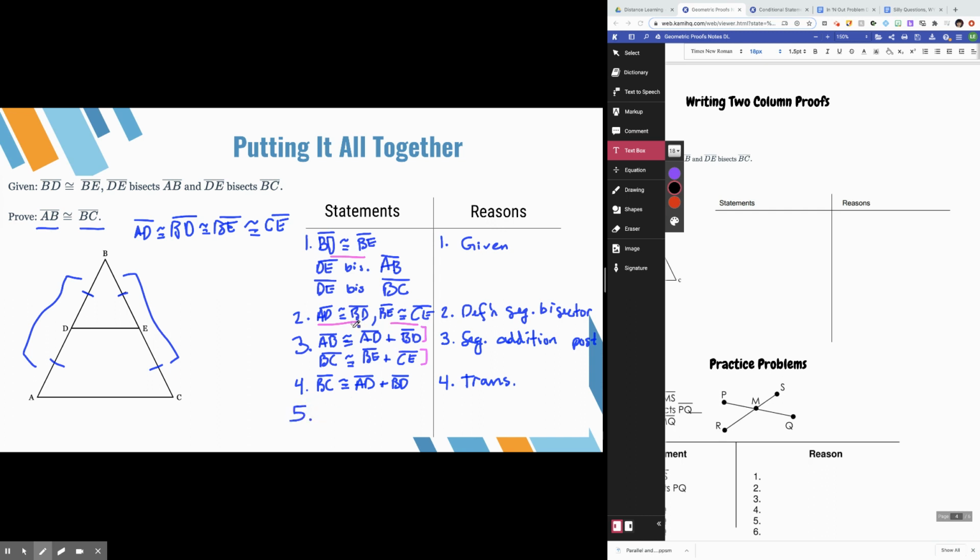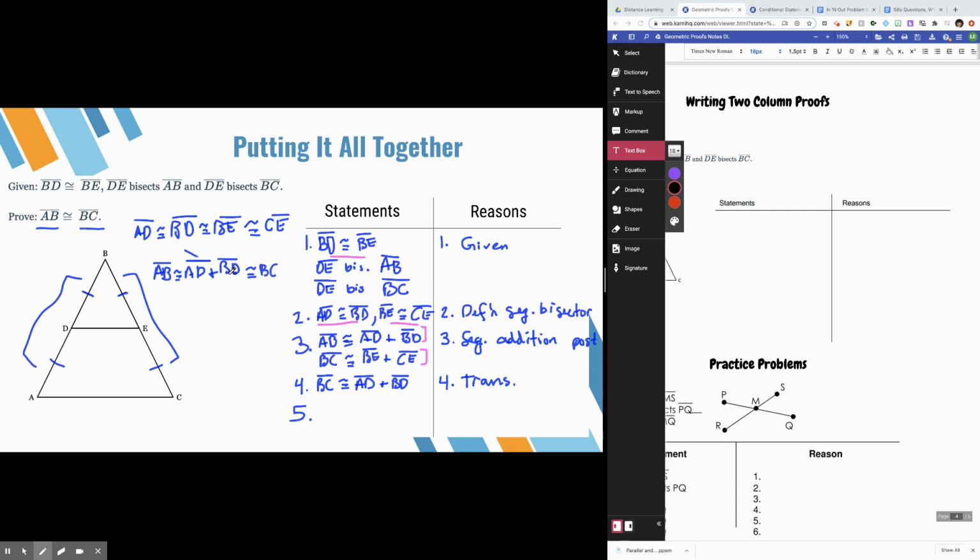All right. So now logically, I have enough information to put AB and BC together, right? Now what I have is AB is congruent to AD plus BD, which is congruent to BC.